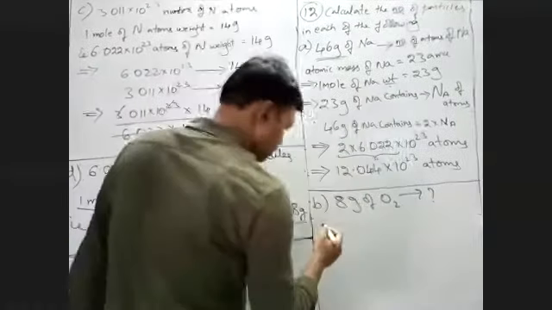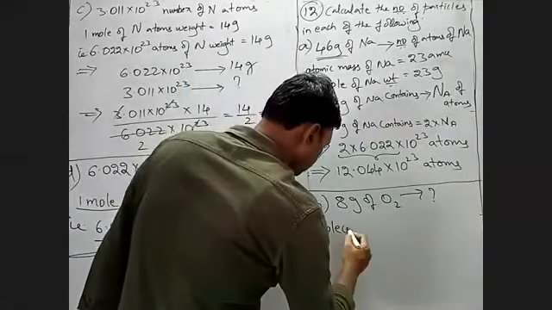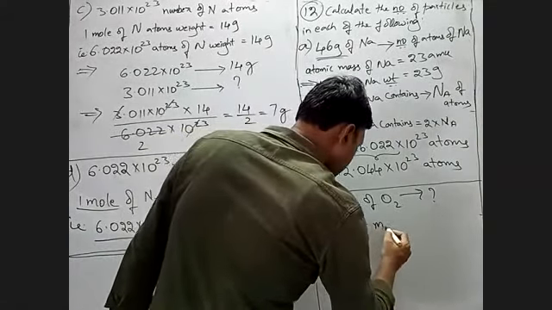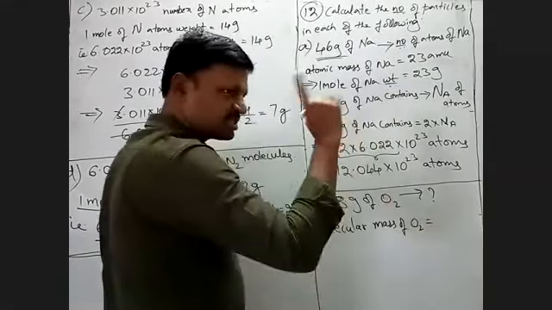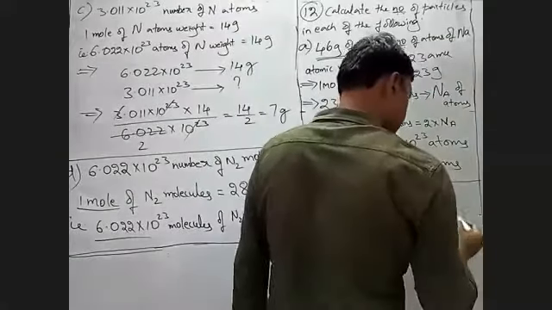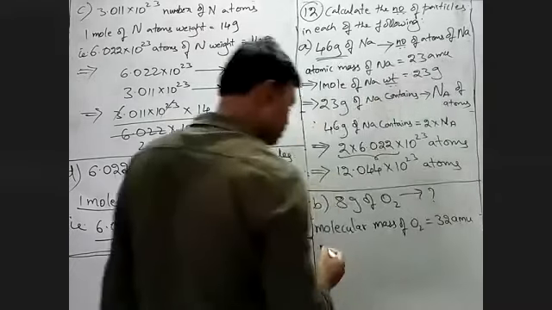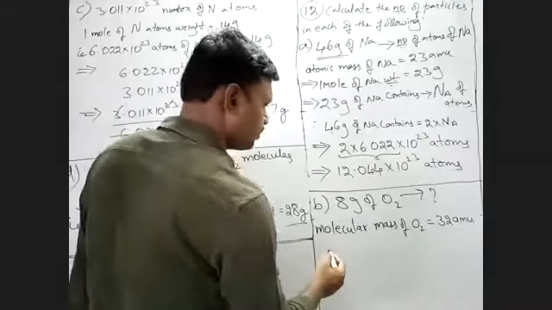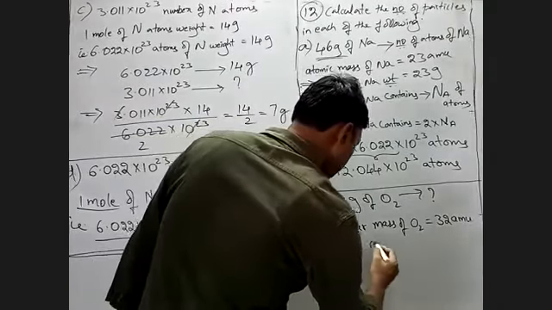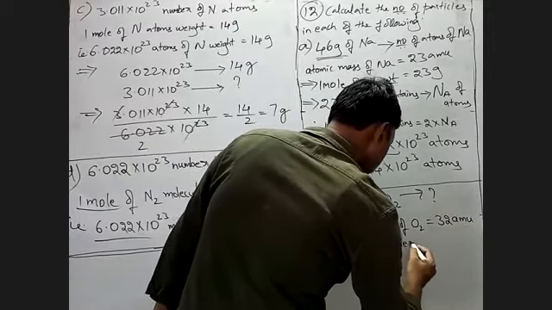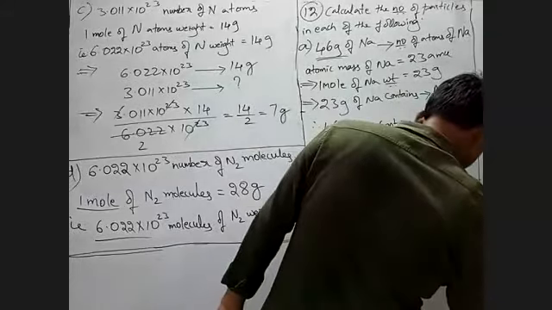So molecular mass of O2 equals 16 plus 16, 32 AMU. Therefore 1 mole of oxygen molecules weighs 32 gram.